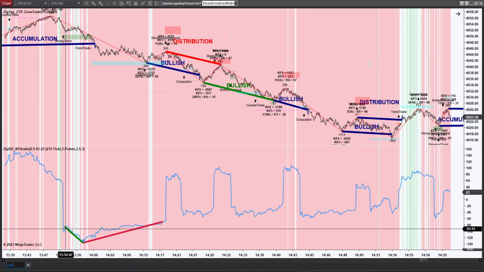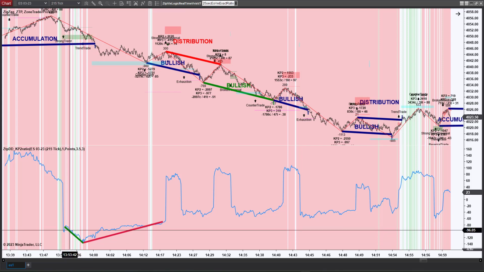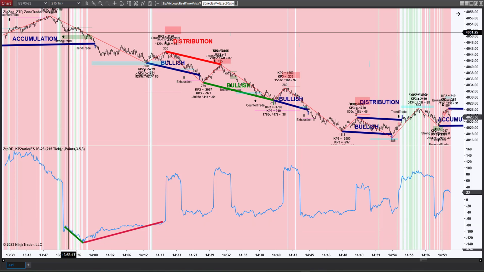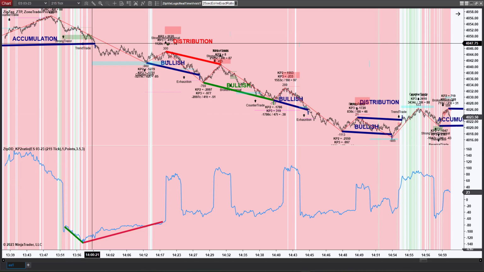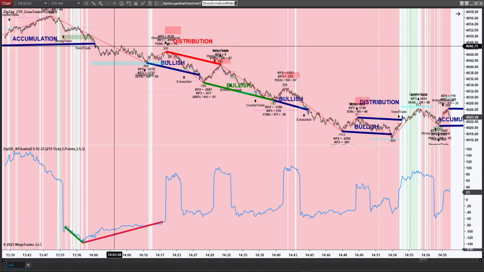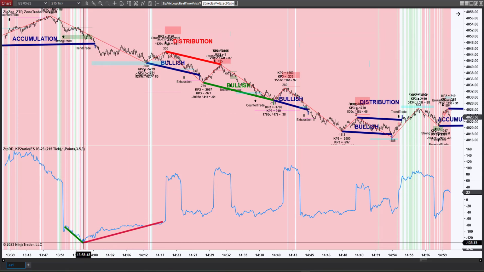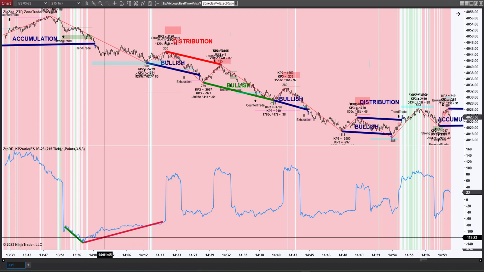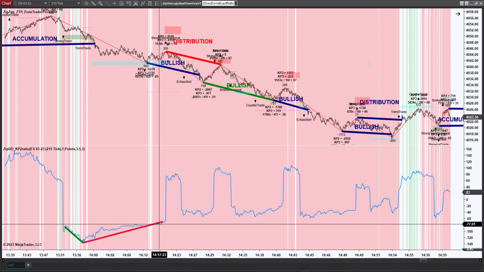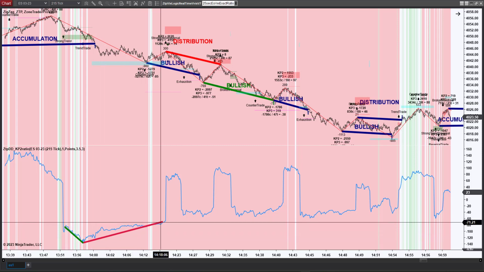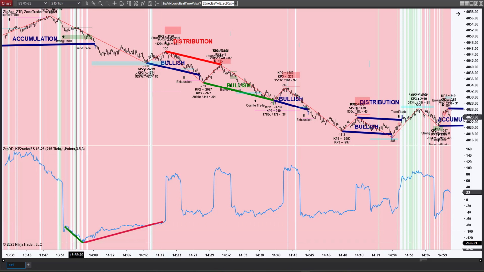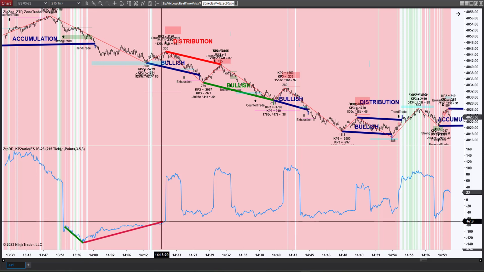So I've marked in green here the area that the buyers came in and actually supported it. They supported it to this point here. And then the reason we entered such a strong trend on the short side is that the buyers lifted their limit order support, and what happened is the ratio rose, which is indicative of resistance.